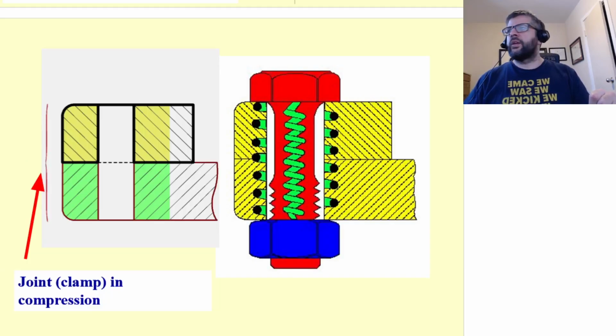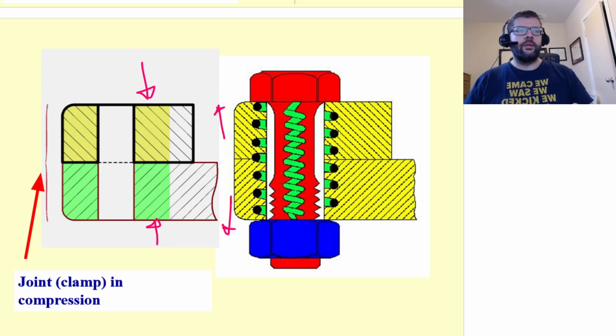And then you're going to be tightening it up, and you're going to be basically clamping down, applying force. The head and the nut are going to be applying force on the joint. Those two things are going to be compressed, and thanks to Newton's third law, the joint is going to be pushing back, and that's going to cause some stretching in the bolt itself.